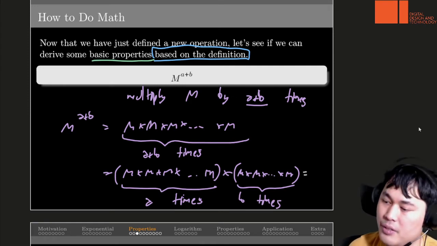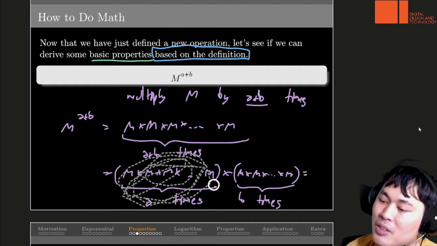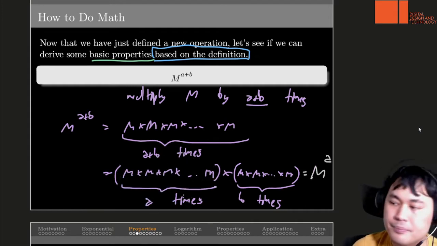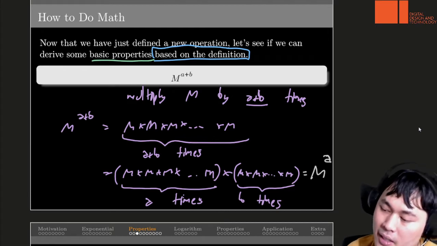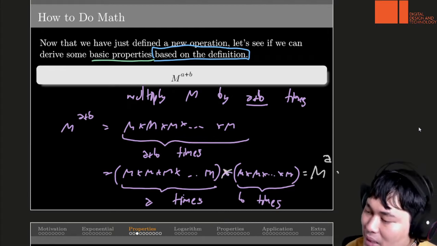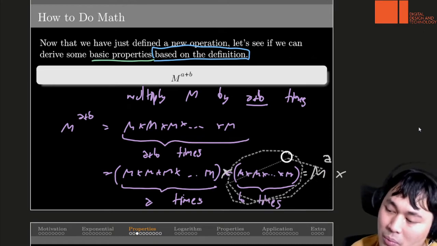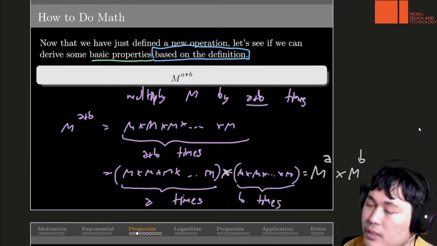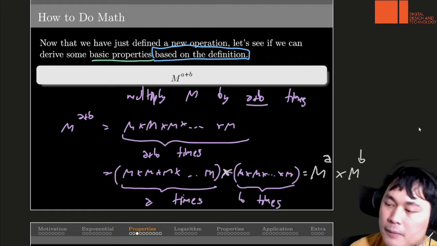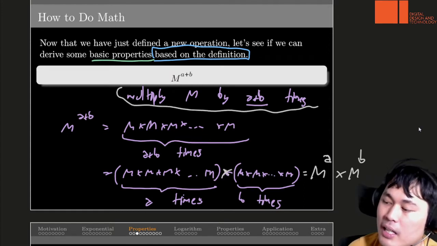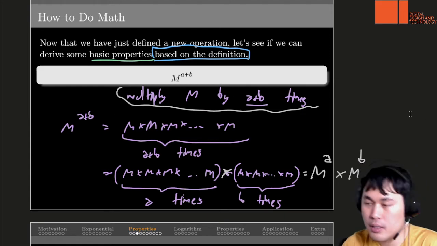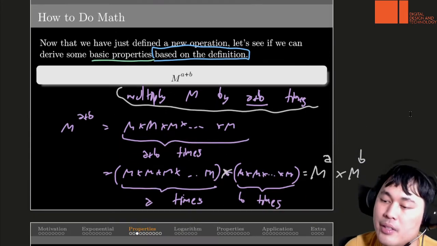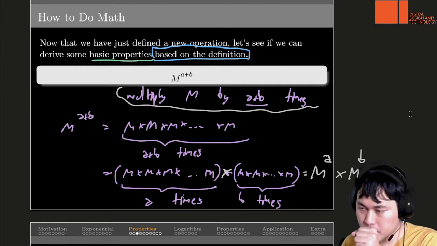But what is this one? The first part, you multiply m a times, so you get m to the power of a. And then there's this multiplication symbol, and then we multiply m by b times. That is m to the power of b. And that's how we can prove the first, or the most important, property for exponentials.